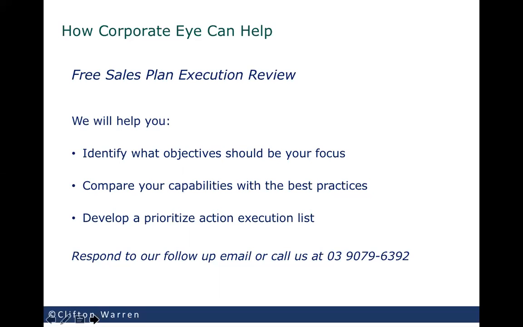Number two, I will help you compare your capabilities with the best practices of top performers and help you determine where you're ranking, where your shortfall is, and what you need to do. And thirdly, I'll help you develop a prioritized execution list, so you can turn your results around and get your plan executed along the way.